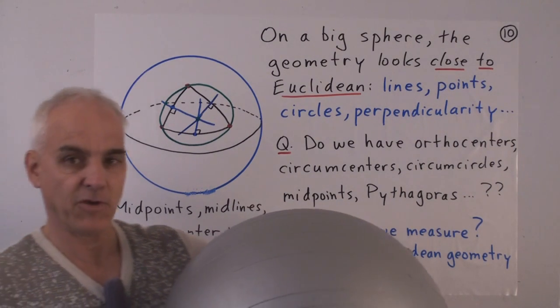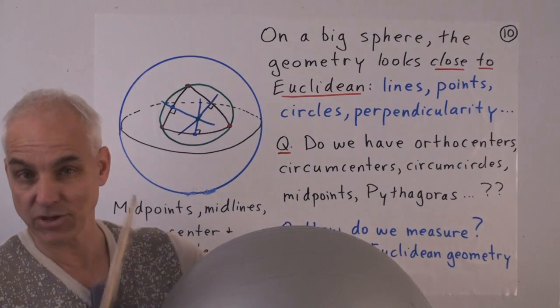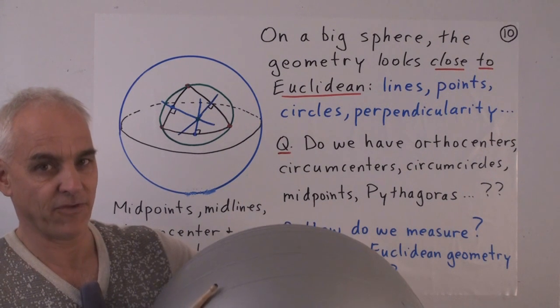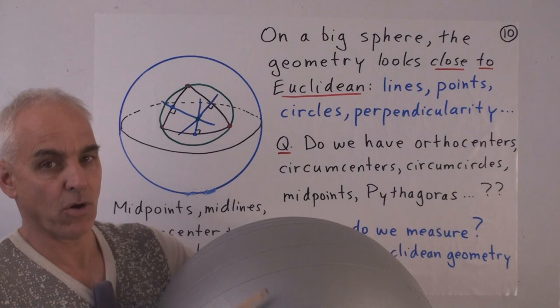If it's a very big sphere, we might not know that we're on a sphere. We might think that we're just on a flat plane and that we're actually doing Euclidean geometry. There might be a very subtle difference, almost unnoticeable to us, in terms of whether we're on a plane or on a sphere.